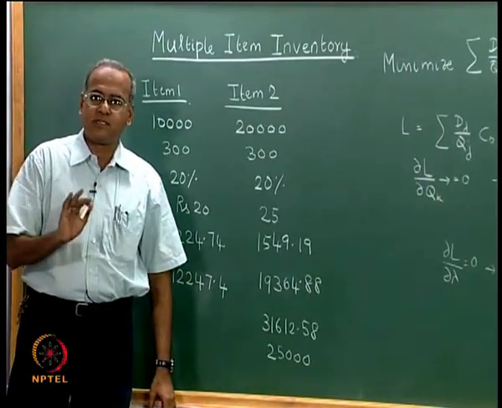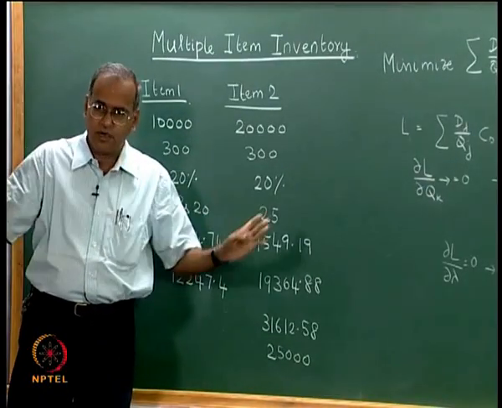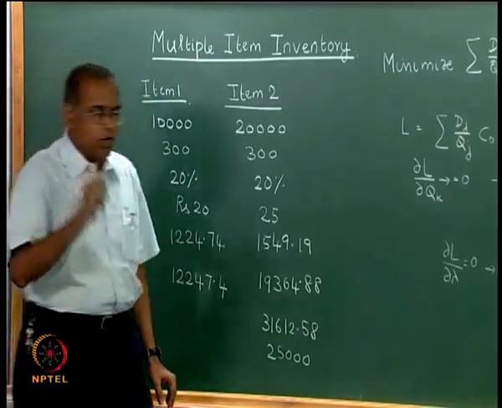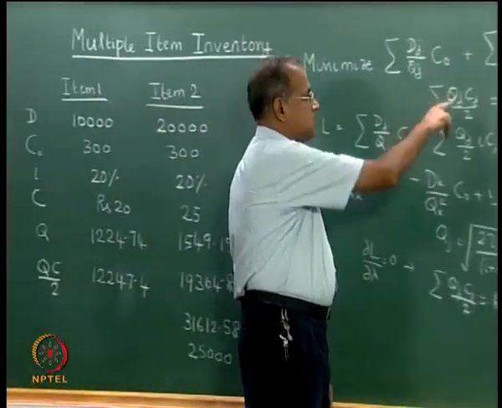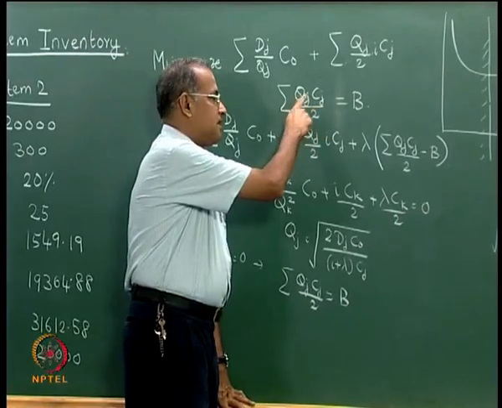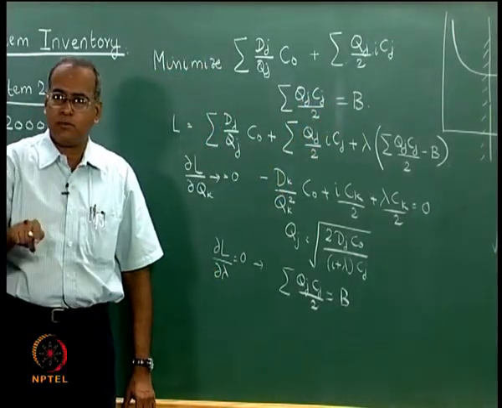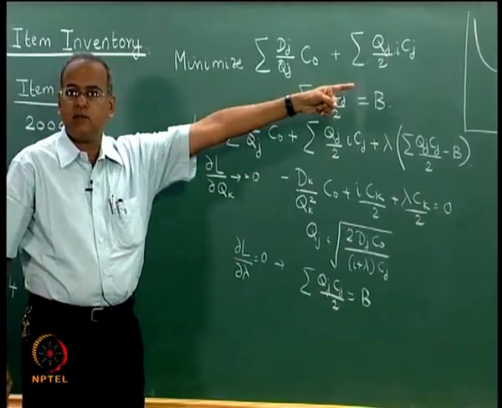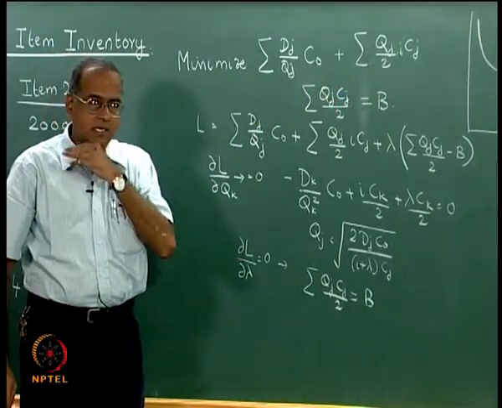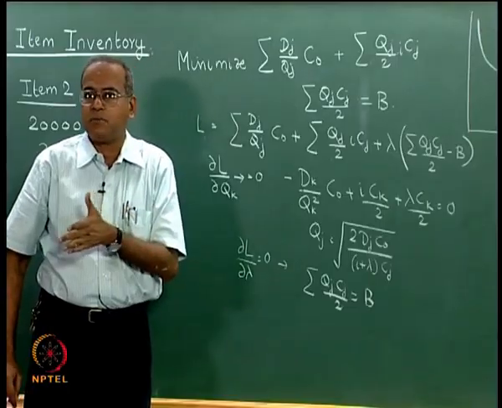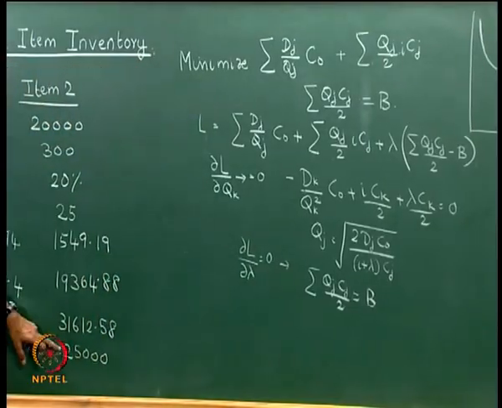So the correct procedure is to solve for the economic order quantity, and only when the economic order quantities violate the condition Qj Cj by 2 is less than or equal to B, then we make it equal to B and then use the method of Lagrangian multipliers. So Lagrangian multiplier method should not be used blindly for every value that is given here.